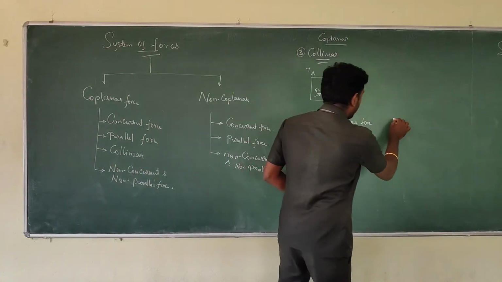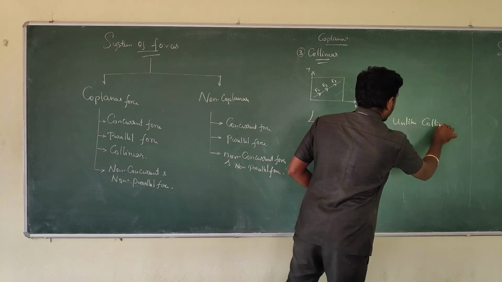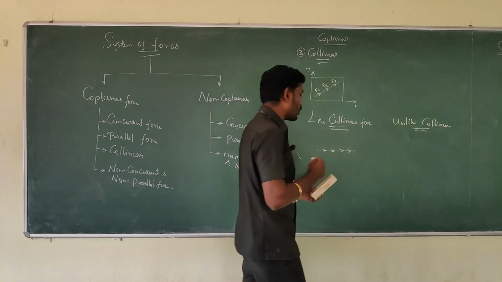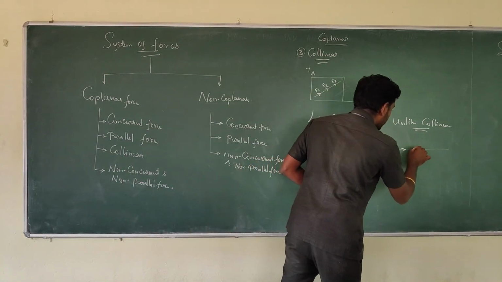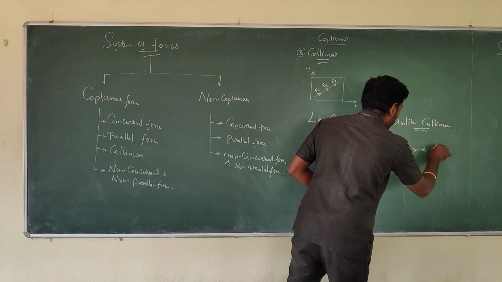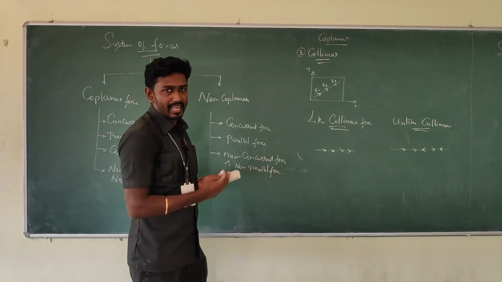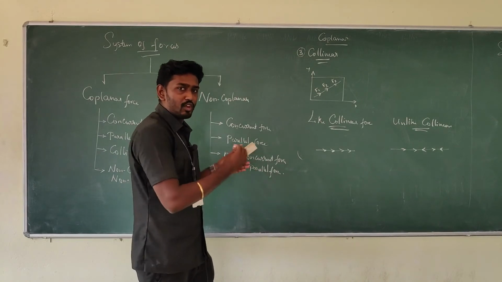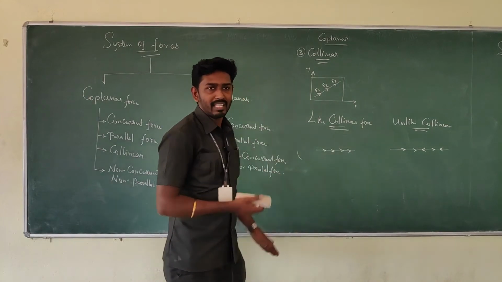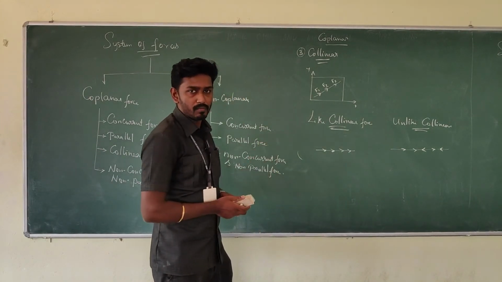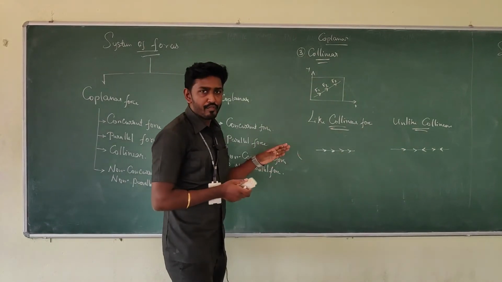If it is unlike collinear force, then all the forces are not directed in the same direction. It can be left or right, in an irregular manner, but it moves in the same line, though the direction may differ, right? Such a system we call unlike collinear force.